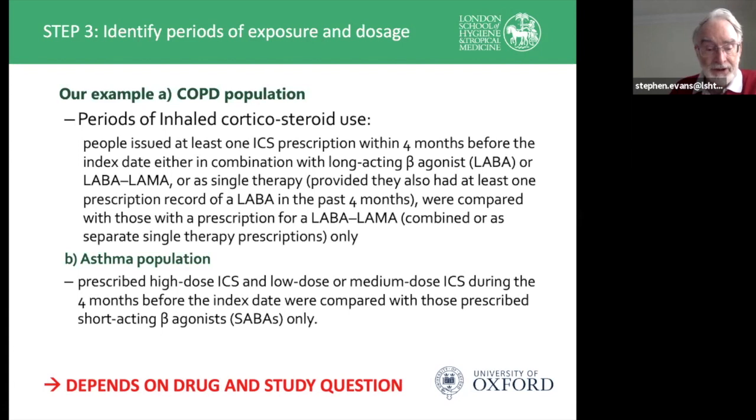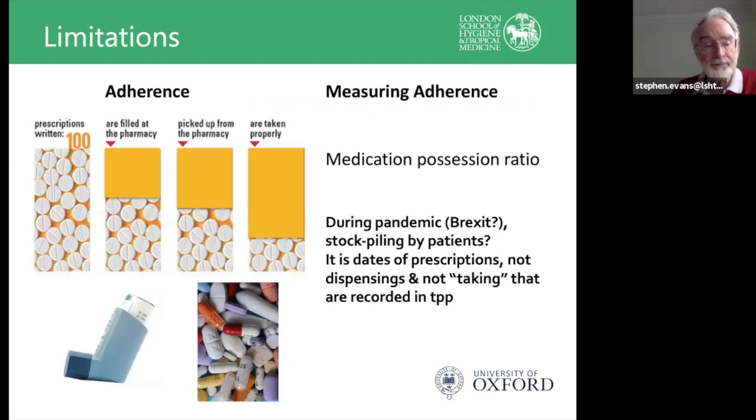Some drugs will be taken acutely and some will be taken chronically, like inhaled corticosteroids. They're taken for a long time, but it will also depend on the question. Here we're interested in whether the usage of those drugs prior to the COVID-19 pandemic really occurring might protect people.